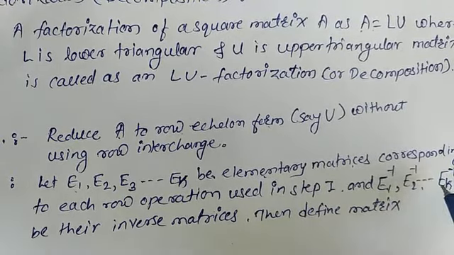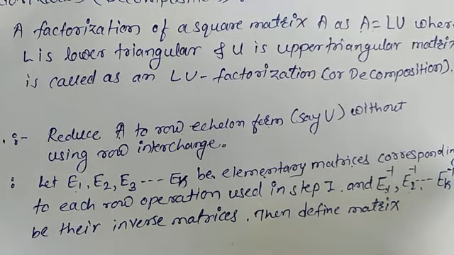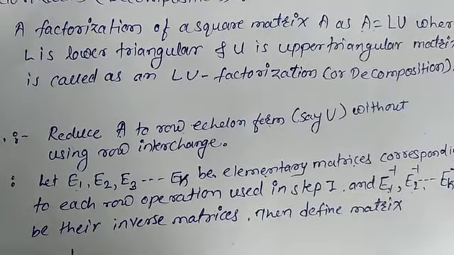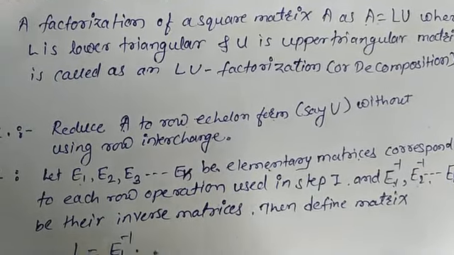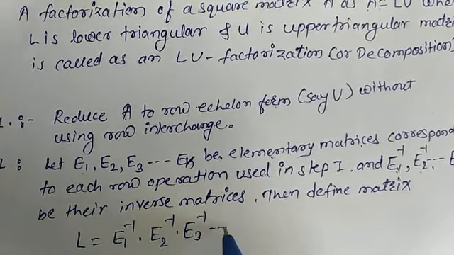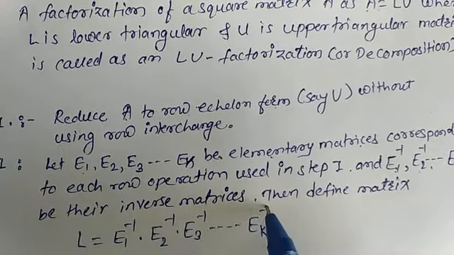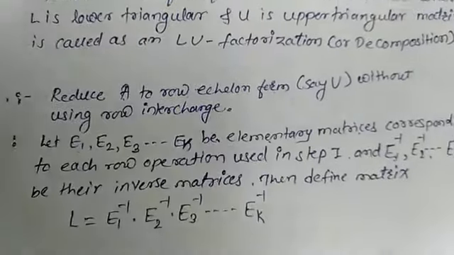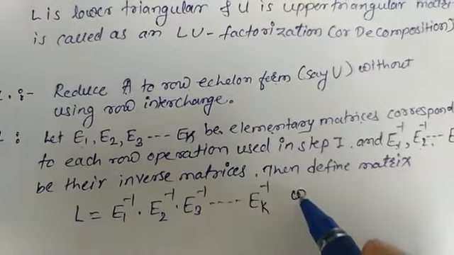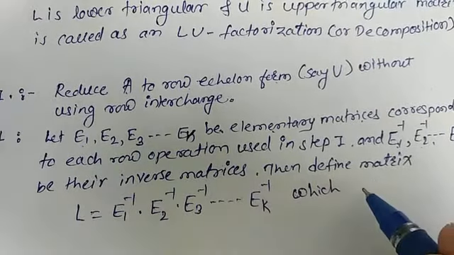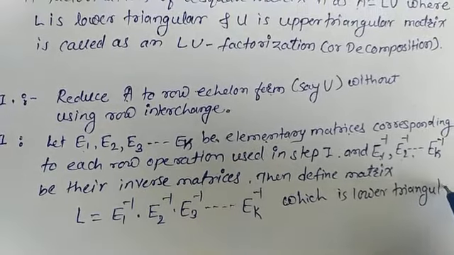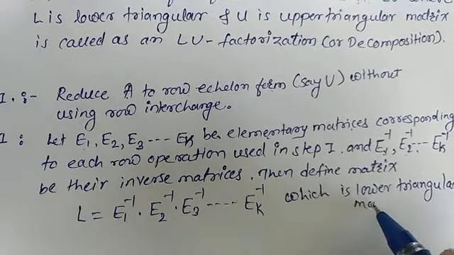Now we define a matrix L equal to E1 inverse into E2 inverse into E3 inverse up to Ek inverse. After multiplying these, we get our lower triangular matrix.